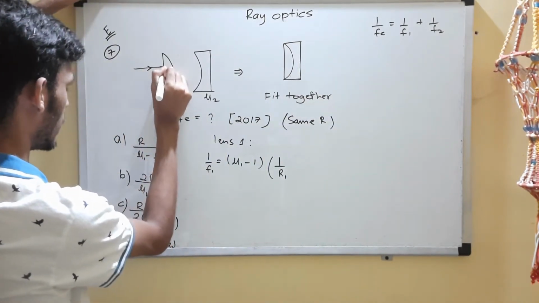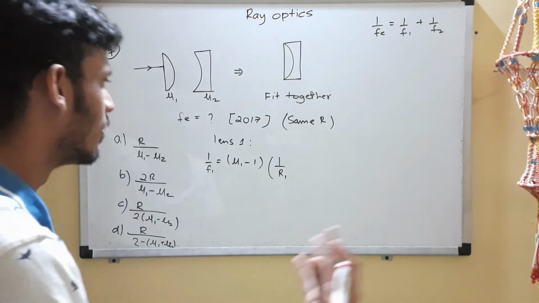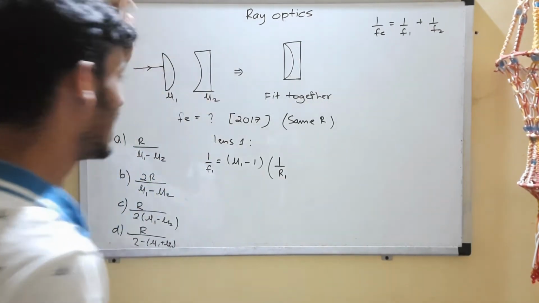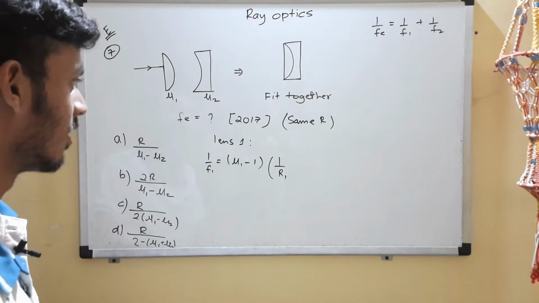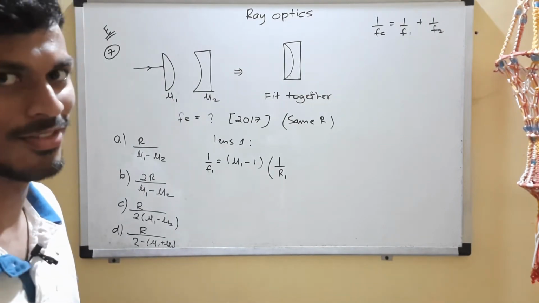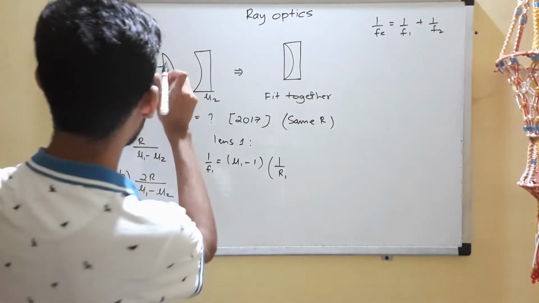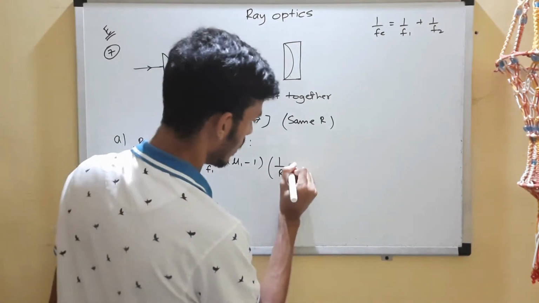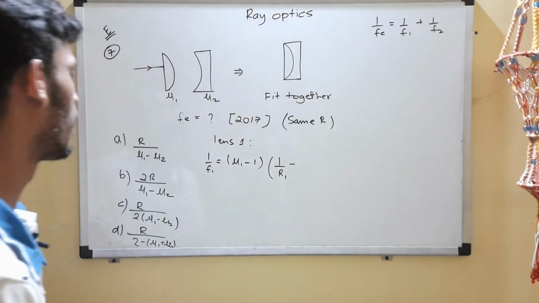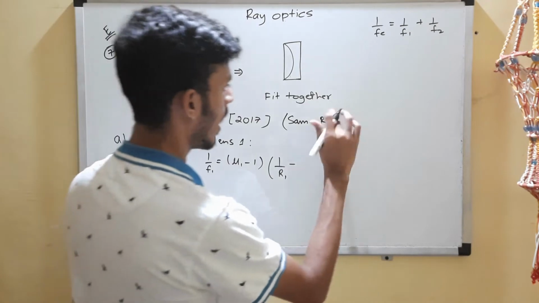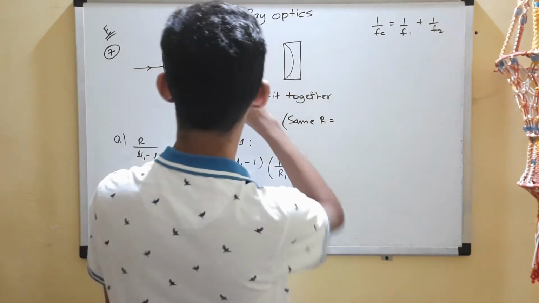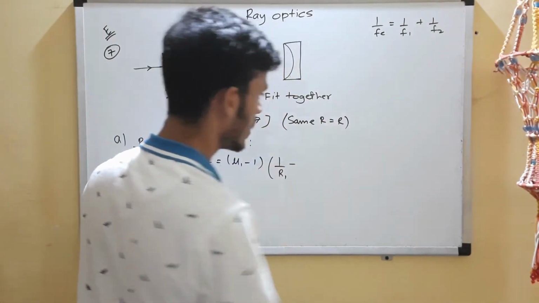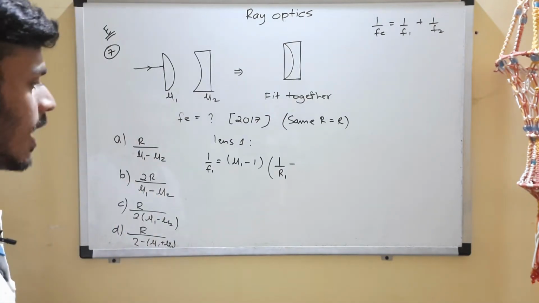So this surface has a radius of curvature infinity, right? It's a plane surface, so basically the radius of curvature of that surface is infinity. And the second surface has a value of R equal to R. They both have the same R, this surface and this surface, and it was given as R. You can see that in the options too.